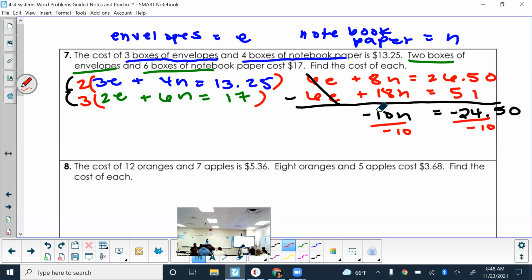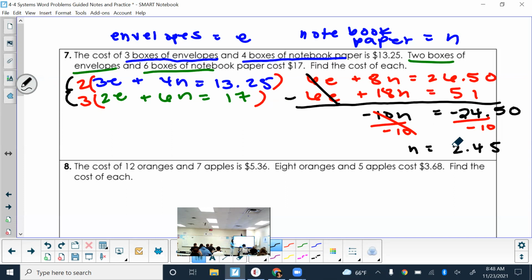And what does n equal? And it's a positive 2.45. Because if it was negative, would that make sense? Can something cost a negative amount? No. So it's a positive 2.45. So if you're getting a negative, maybe look at your work again. You'll probably miss the negative somewhere.